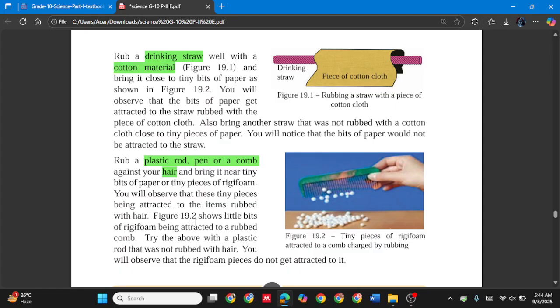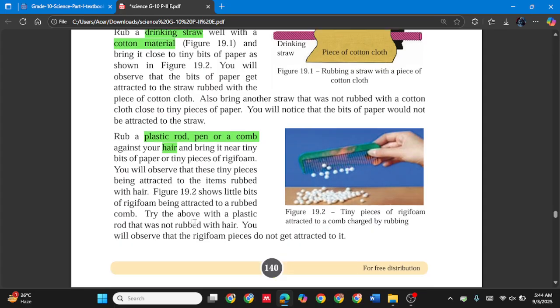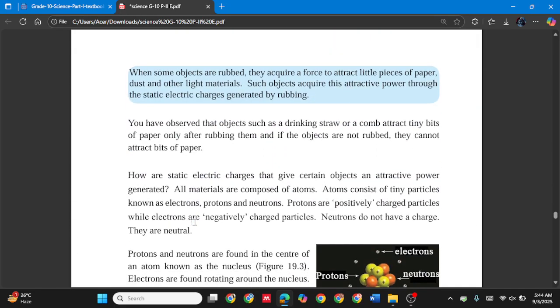So with rubbing, it gets some kind of charge, okay? When some objects are rubbed, they acquire a force to attract little pieces of paper, dust, and other light materials. Such objects acquire this attractive power through the static electric charges generated by rubbing.